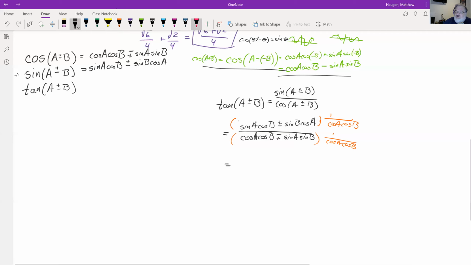Here, the cosine B is going to cancel with that cosine B, leaving us with sine A over cosine A. Well, sine A over cosine A is the tangent of A.